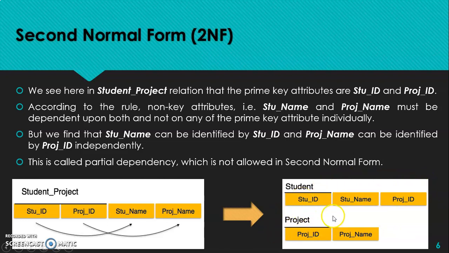Similarly, for the project relation, we have project ID as the primary key and project name as a non-prime attribute. So this project name is fully dependent on the project ID. We can see here that all the non-prime attributes are dependent upon the prime key attributes. So this converts the student project relation into two different relations, which satisfy the second normal form.